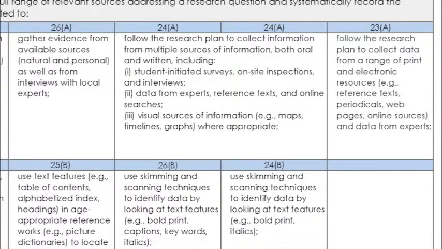But what I want to draw attention to is third grade, you are the first one that really has to do the interviewing and the surveys. You're the first one that has to draw data from different sources and references, as well as the first one who has to also use visual sources for information. So you are the first grade level that has to do that. So just be aware of that as you go through and gathering your sources.